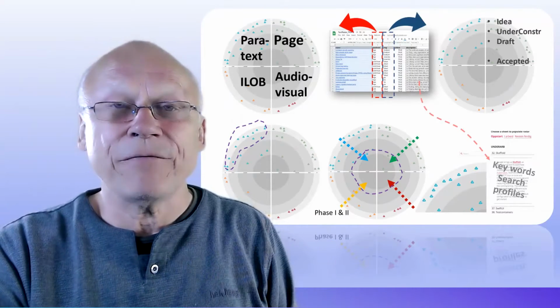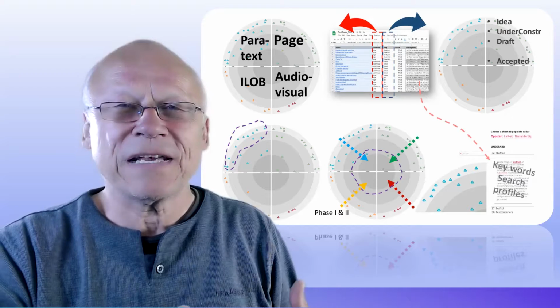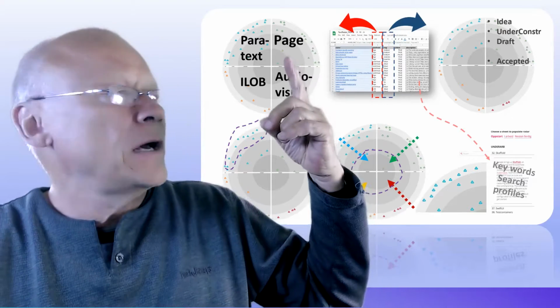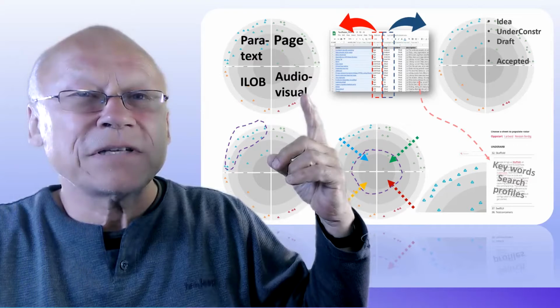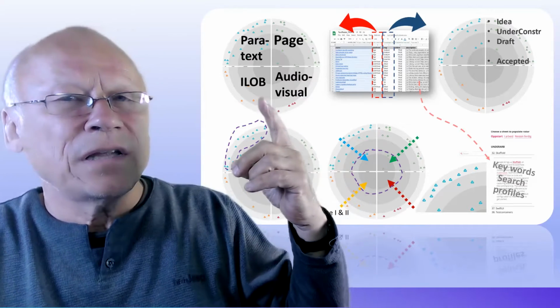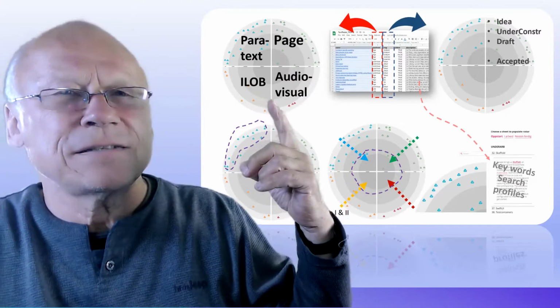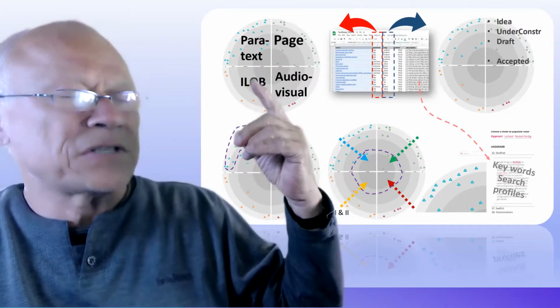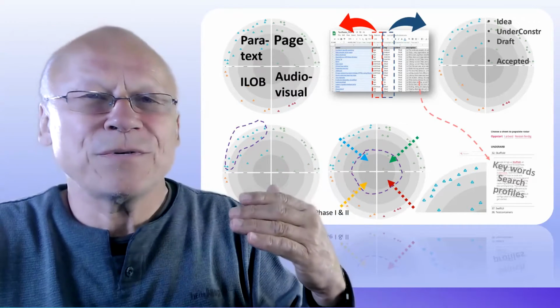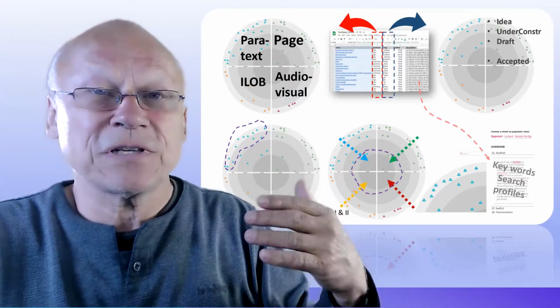In this case, we have 4: the normal running HTML text, the page; the audiovisuals, images and videos and audio; the interactive learning objects, which are programmed interactivity; and paratext, which points to both internal and external structures and other resources.